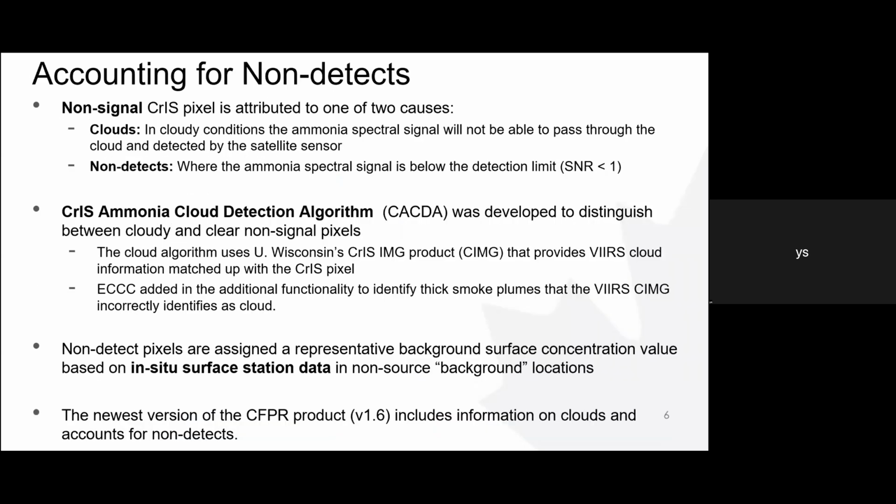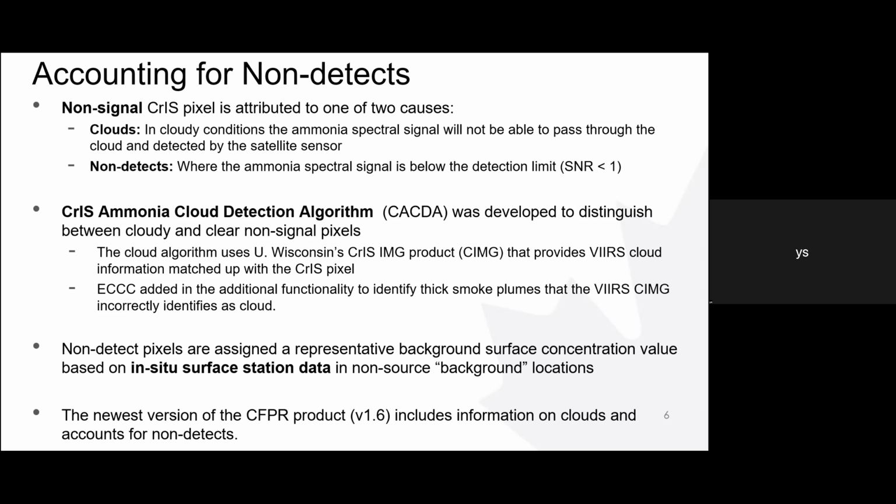These non-signal pixels I've been mentioning are attributed to one of two causes. Either there's a thick cloud present, or it's what we call a non-detect, which is a pixel where the ammonia spectral signal is below the CRIS detection limit. To distinguish between clouds and non-detects, our group has developed a CRIS ammonia cloud detection algorithm. The algorithm uses the University of Wisconsin's CRIS image product that provides VIIRS cloud information matched up with the CRIS pixel, which our group combines with the additional functionality of identifying thick smoke plumes that VIIRS incorrectly identifies as cloud.